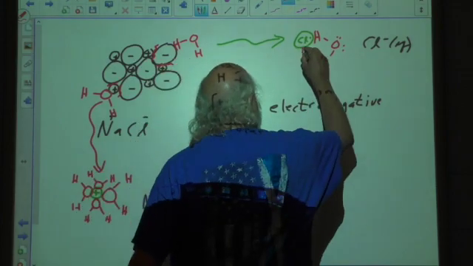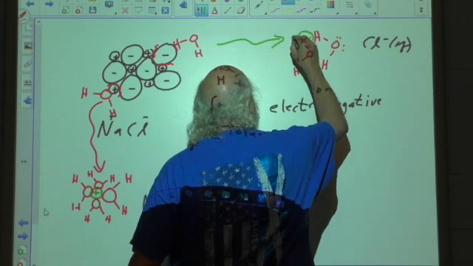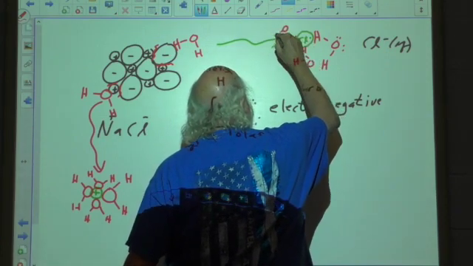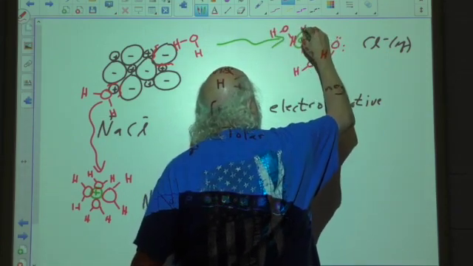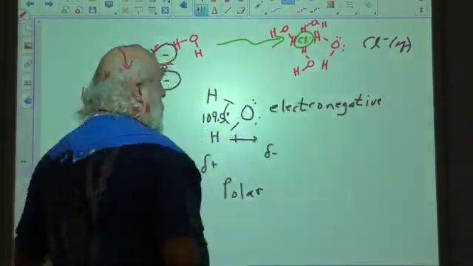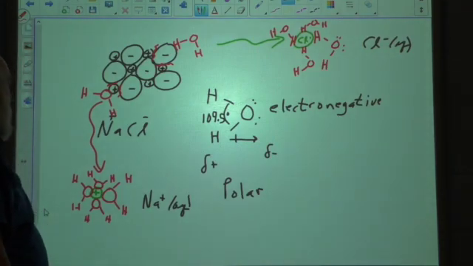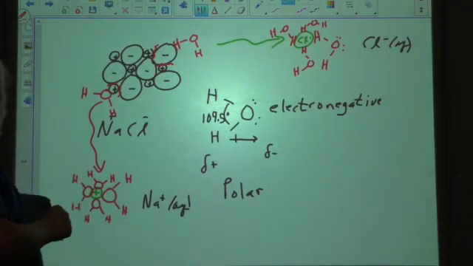We got H, O, H here, H, O, H here, and H, O, H here. And then one in front and one in back. So you actually have 6 waters for every ion that has been attacked and pulled apart.